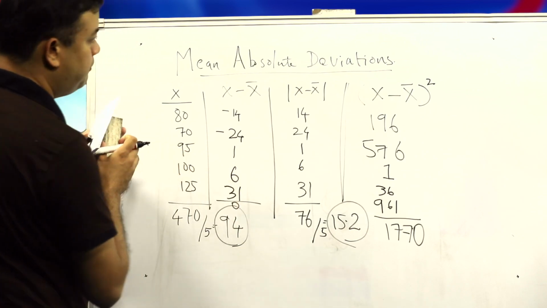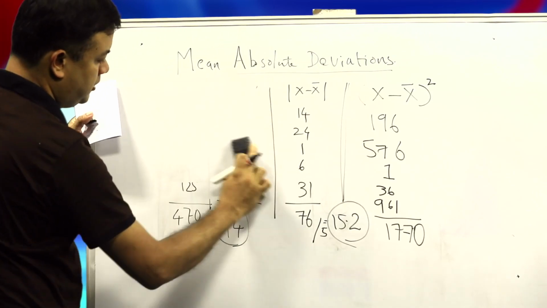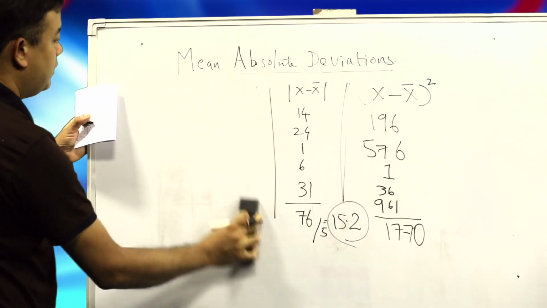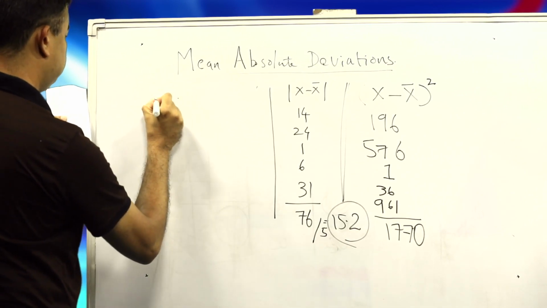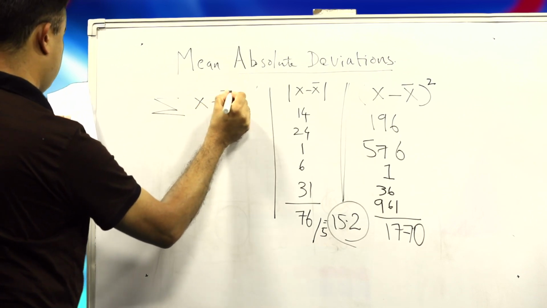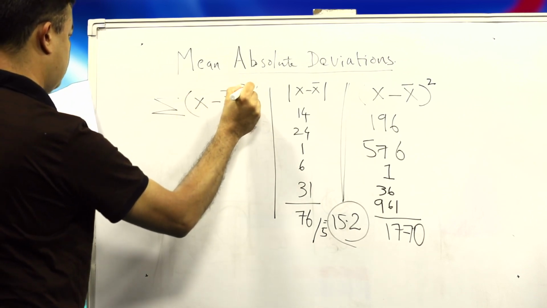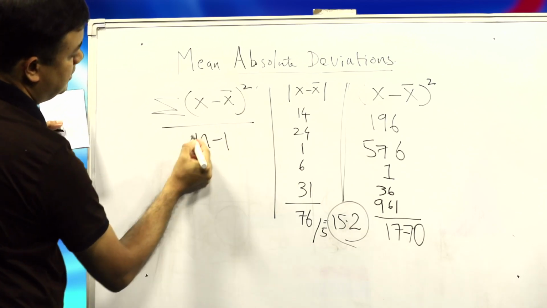For the sake of brevity, let me erase this part. The equation for calculation of the sample variance is sigma x minus x bar squared, divided by n minus 1. So n minus 1 is the degree of freedom.